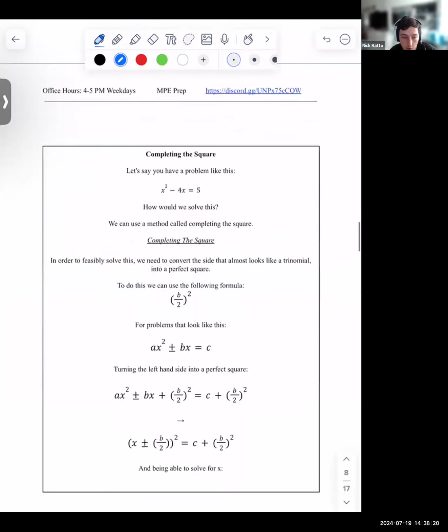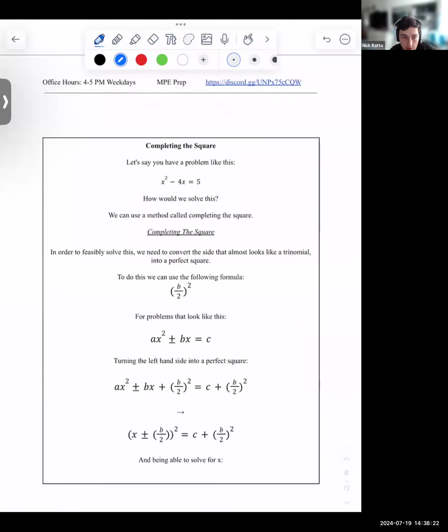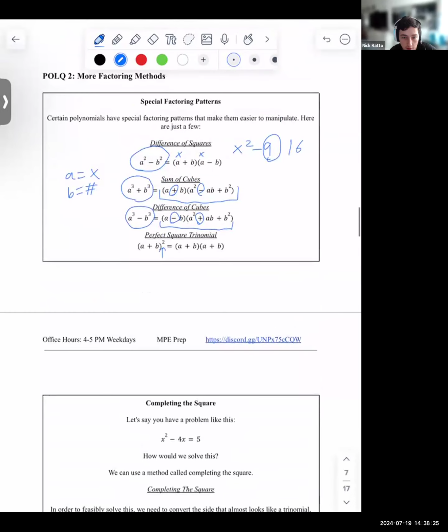Rishi, what's the format for when you expand the addition of perfect squares? Like the last one, the perfect square trinomial? It's a squared plus 2ab plus b squared. I think that's a good format to keep in mind if you see anything that looks like that.